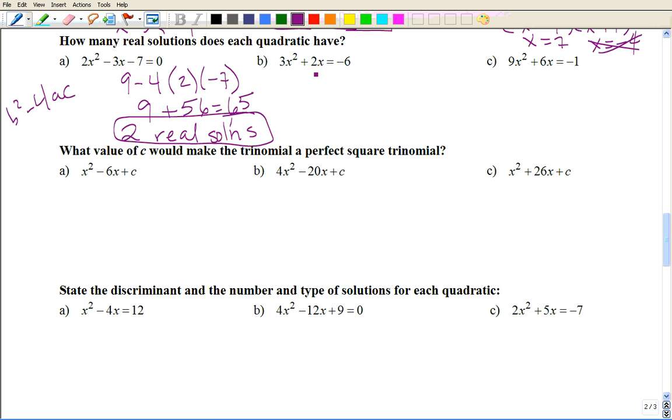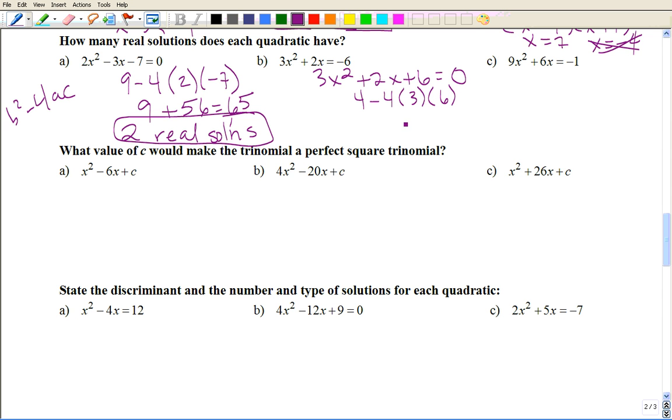For this one, first we need to put it into standard form. So b squared is 4 minus 4 times a, which is 3, times c, which is 6. Okay.